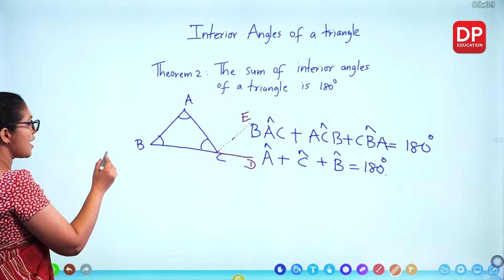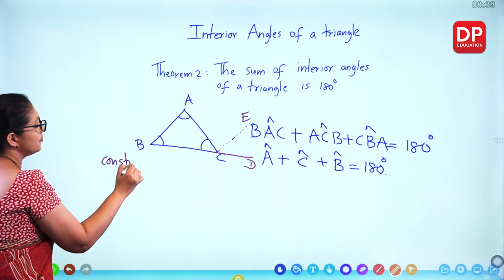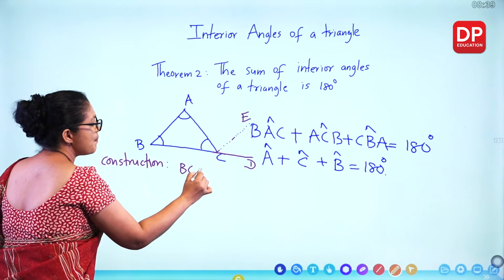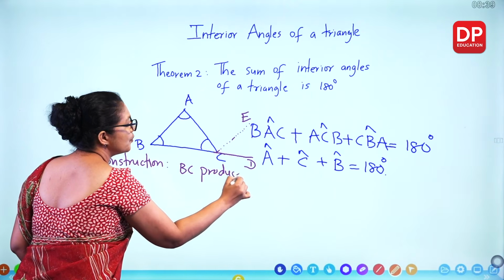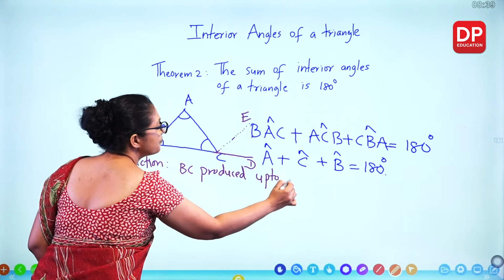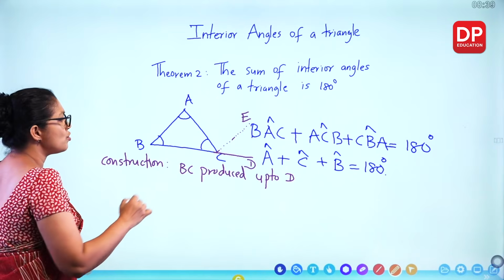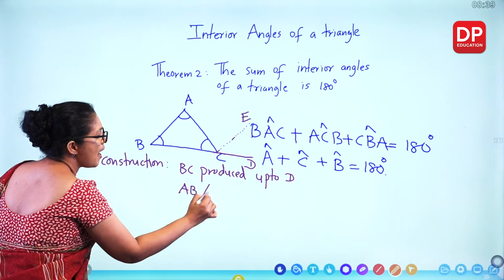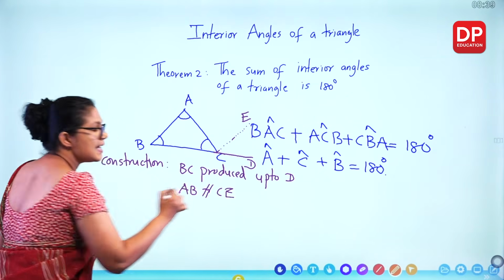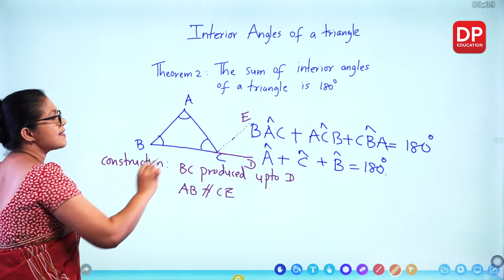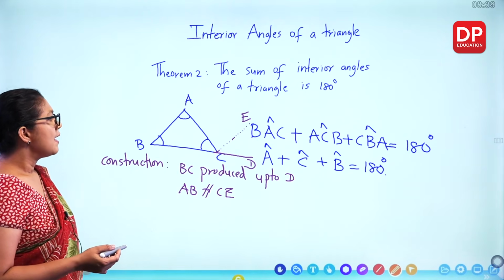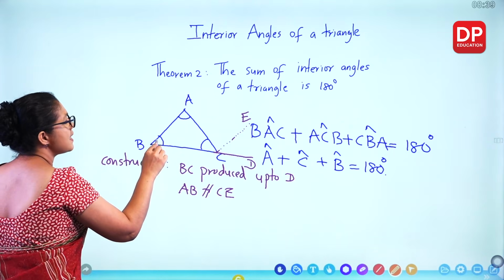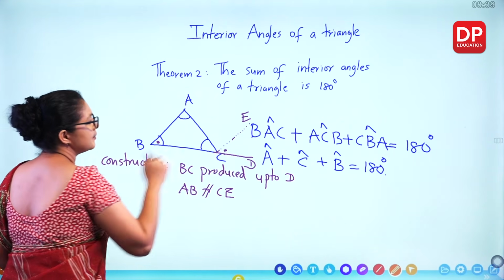So what's the construction I have to do? I have to draw BC produced up to D, as well as draw a parallel line to AB. So AB line parallel to CE. So those two lines I need to draw. That's the construction. Now what can I see? I see that this angle is same as this angle.